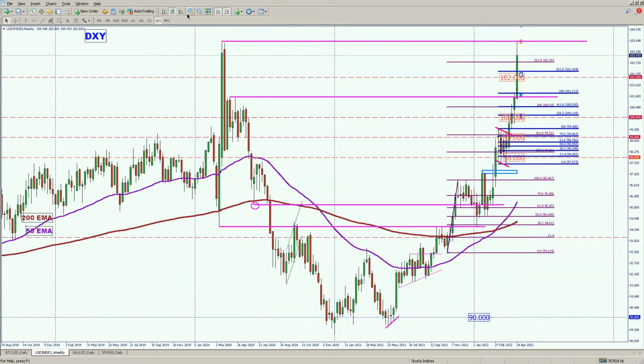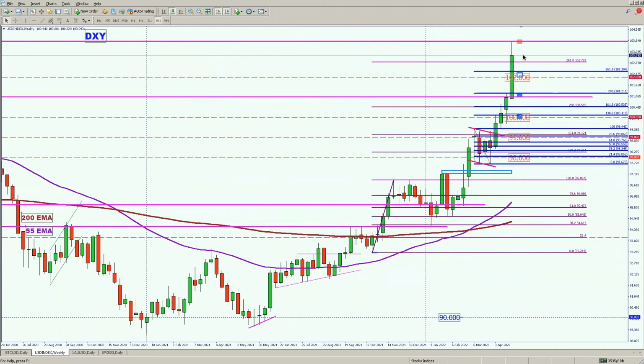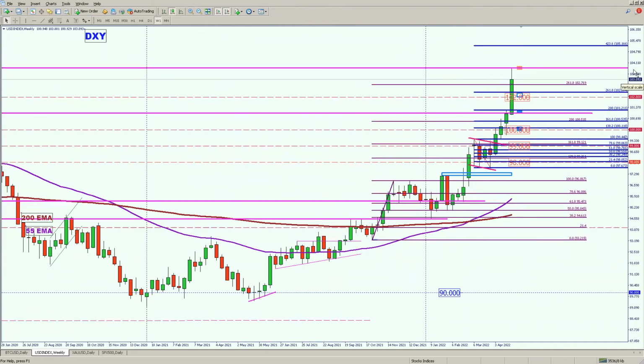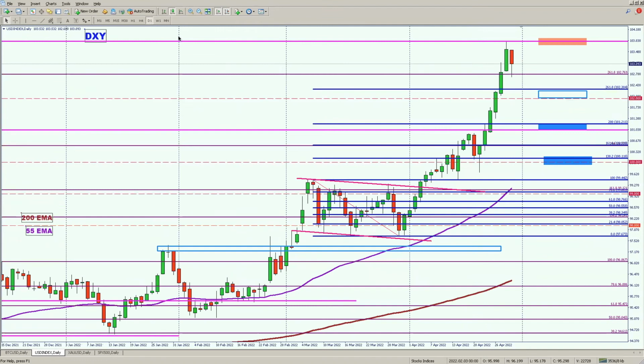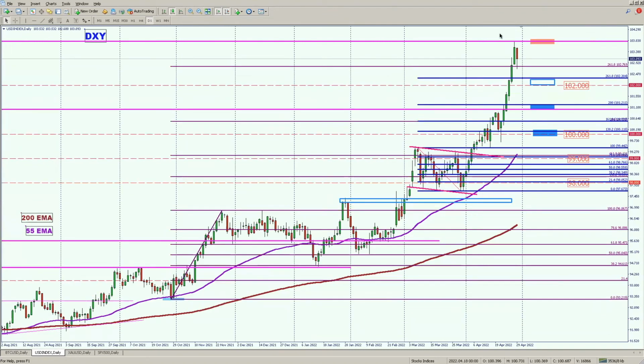This is on the weekly time frame. Let's see if there's still a bit more bullish sentiment for the first half of next week until the FOMC, and once the Federal Reserve confirms and announces their interest rate increase, then we could see a significant retracement.